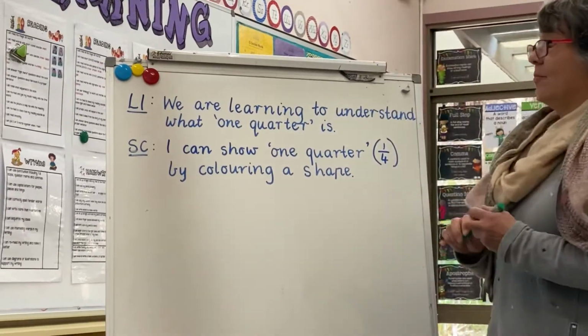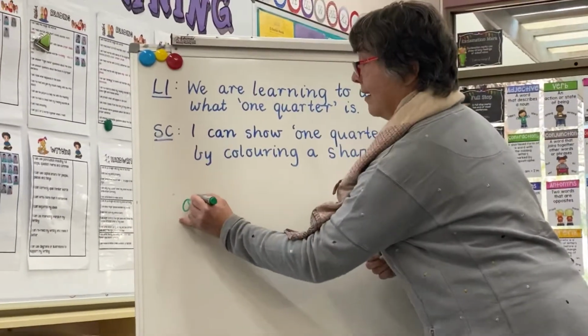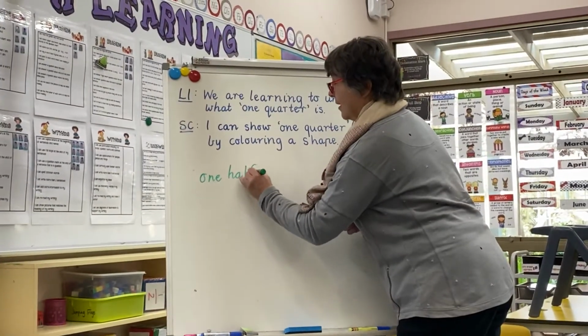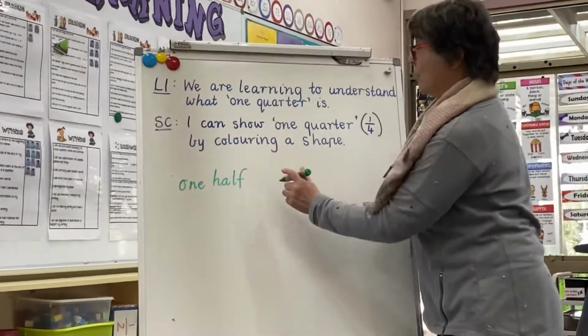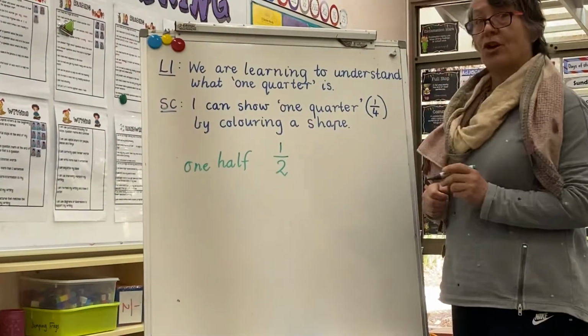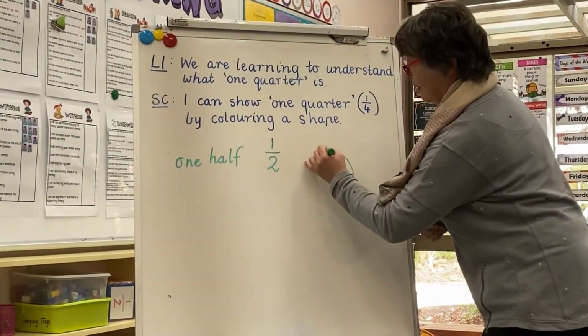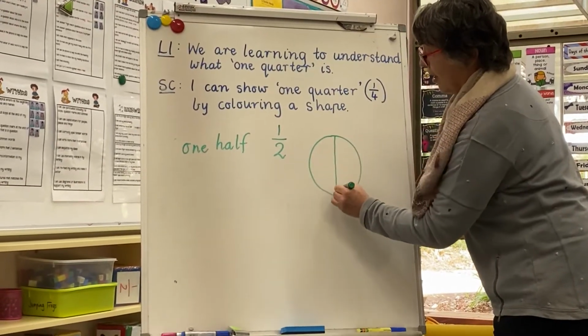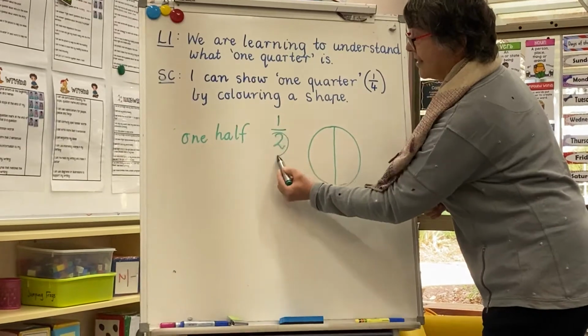So far we have been looking at what 1/2 is. And this is how we write it as a word. This is how we write it as a fraction. If I was going to show that as a picture, I could have a circle, I divide it into halves, and that's the bottom number.